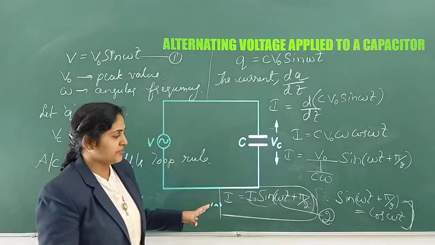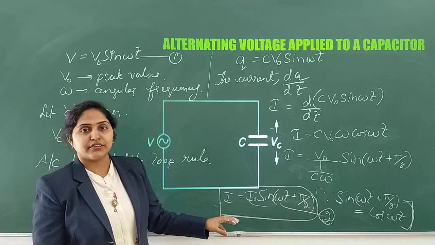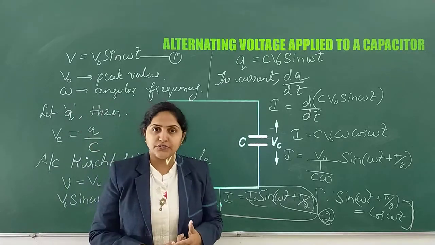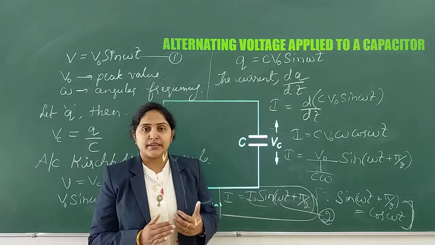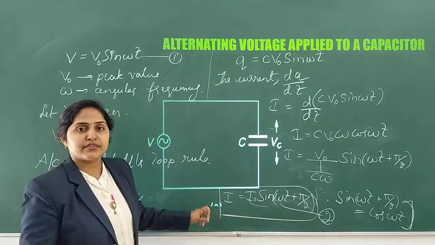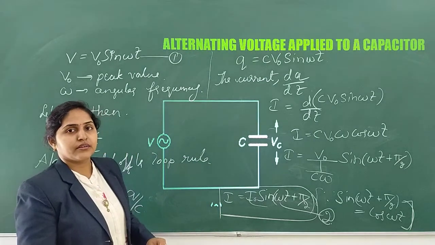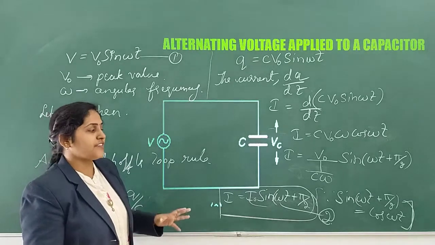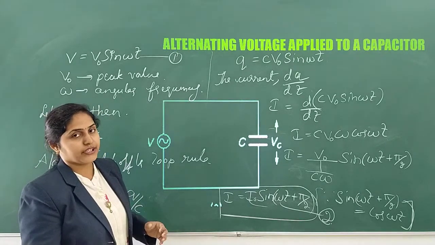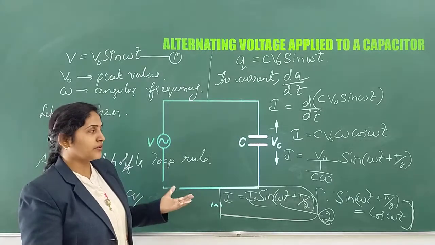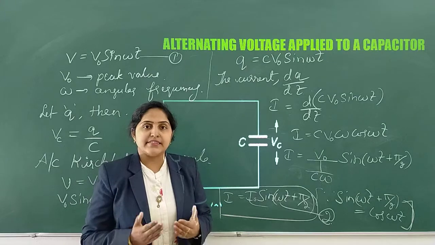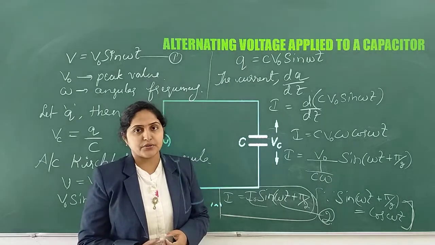So in a capacitive circuit, current is 90 degree ahead of voltage, whereas in an inductive circuit, current lags behind the voltage by 90 degree. So it is dead opposite in this case. The phase angle between current and voltage is 90 degree in both capacitive and inductive circuits, but the phase angle is 0 in a pure resistive circuit.